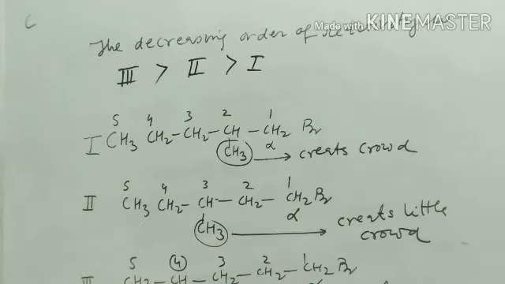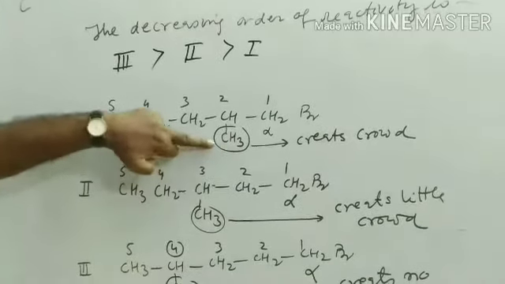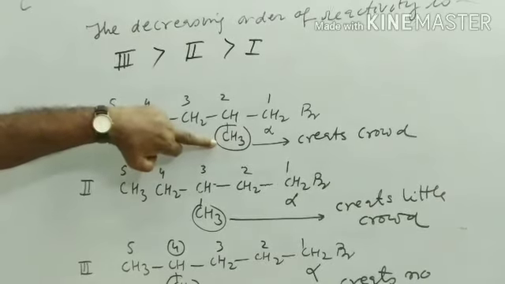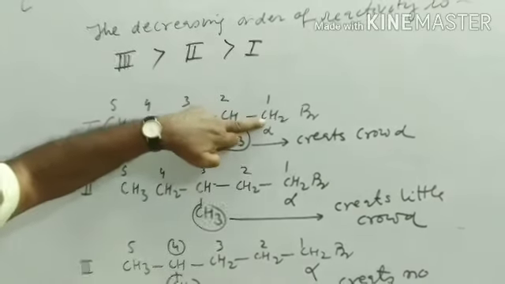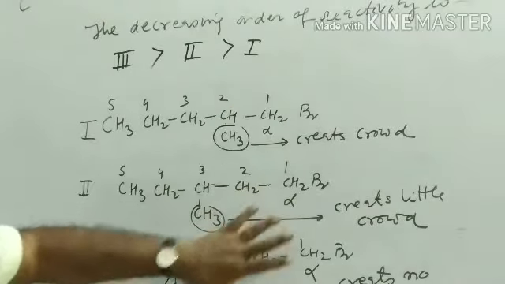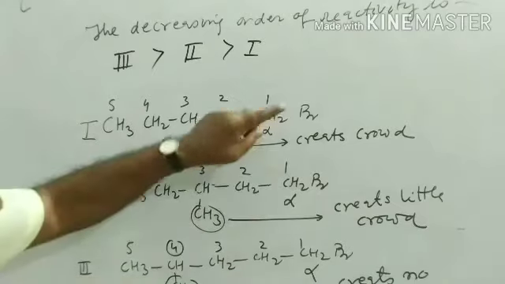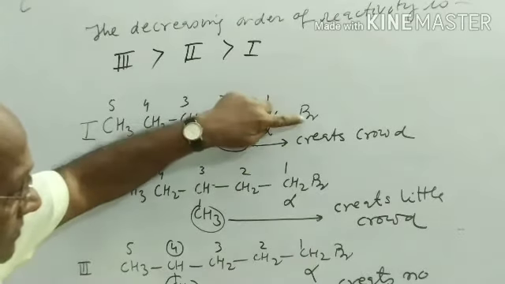If you compare in degree, this is 1 degree, this is again 1 degree, and this is again 1 degree. All belong to 1 degree. All have the same halide ion, Br.